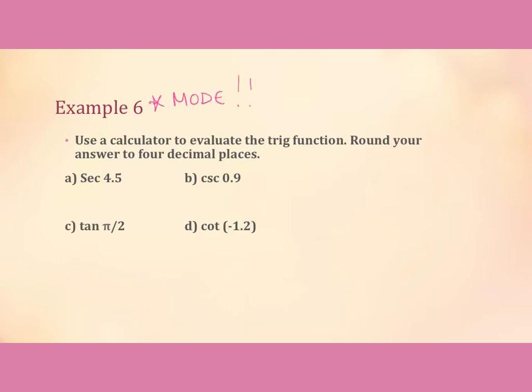If I'm asking for the trig function, whether it be sine, cosine, tangent, cosecant, secant, or cotangent of a degree, so if I said sine of 30 degrees, for example, then my mode has to be in degrees. If I'm finding it of anything that doesn't have that little degree symbol, which is the case for all the examples that we're about to do, then the mode has to be in radians.